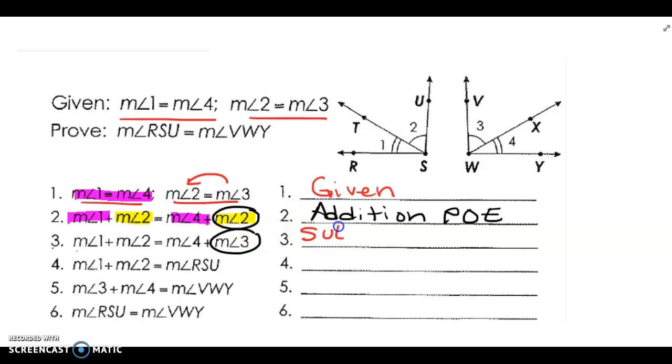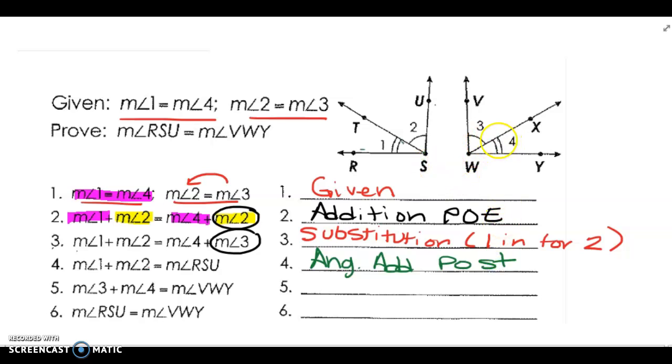So this is substitution, and I use line 1 in for line 2. All right. Now, measure of angle 1 plus measure of angle 2 equals measure of angle RSU. So if I look up here, 1 plus 2 is RSU. This is just the angle addition postulate.